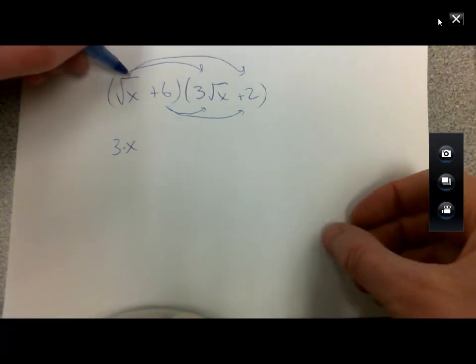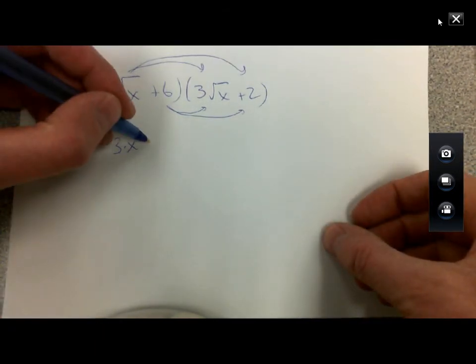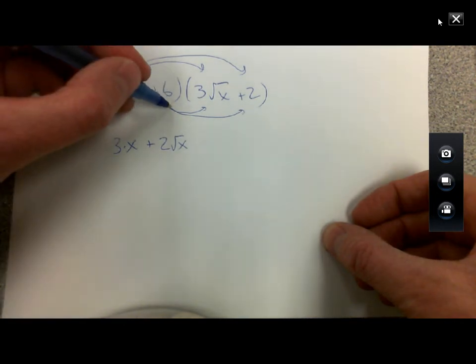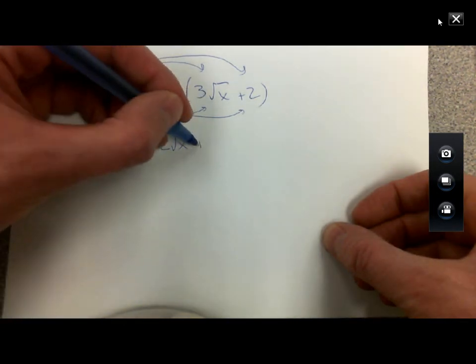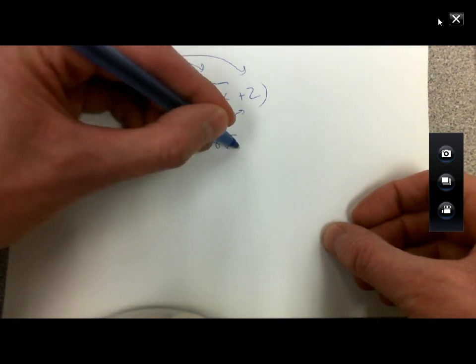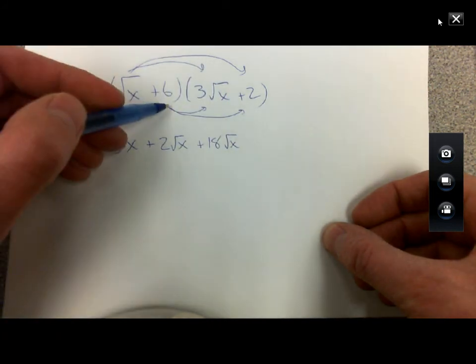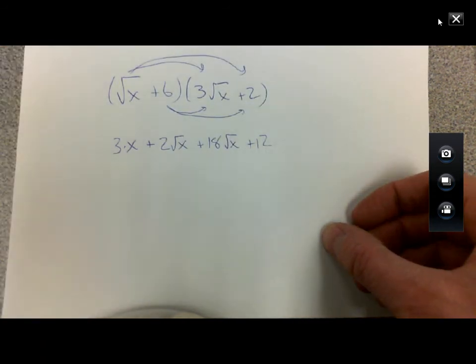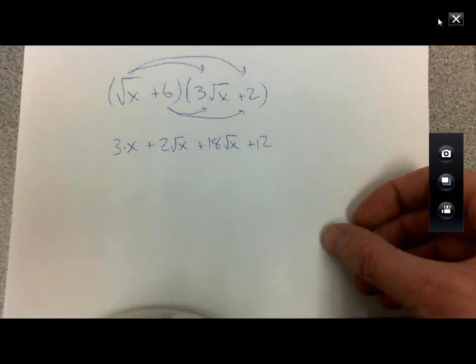The next one, the square root of x times 2. Then 6 times 3 root x, 18 root x. And 6 times 2 is 12. If I'm going to combine things together, they need to have a common label.